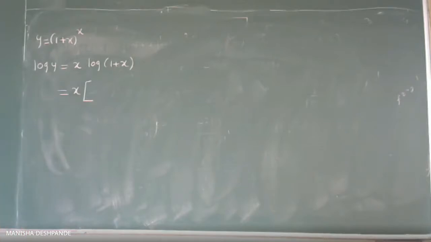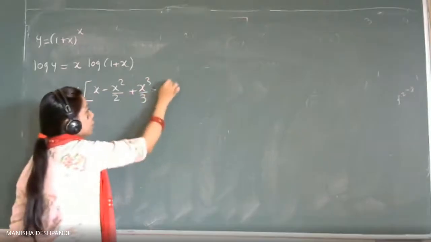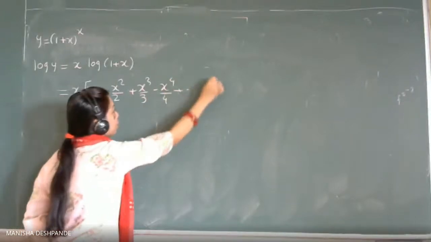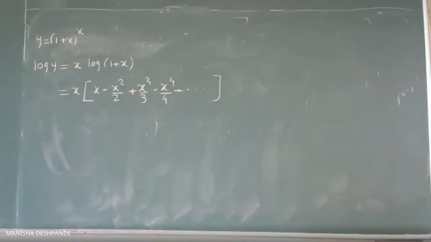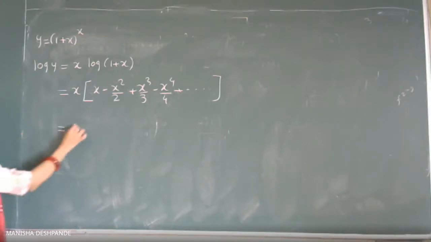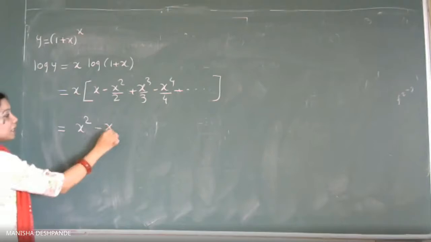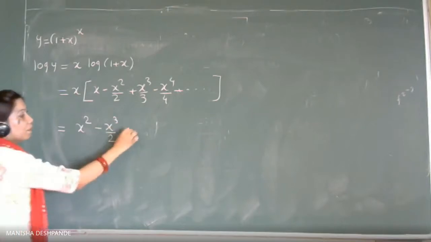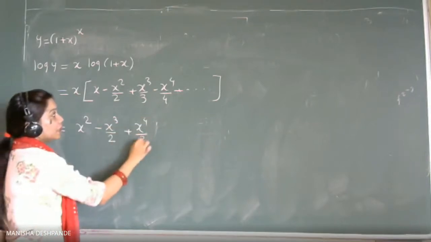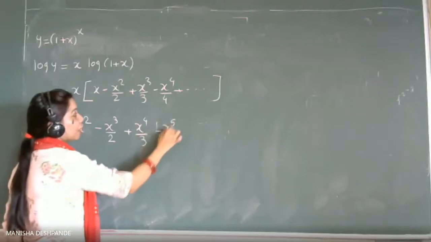Just now we proved it: x minus x squared by 2 plus x cubed by 3 minus x raised to 4 by 4 plus and so on. That's why this will become x squared minus x cubed by 2 plus x raised to 4 by 3 minus x raised to 5 by 4 and so on.